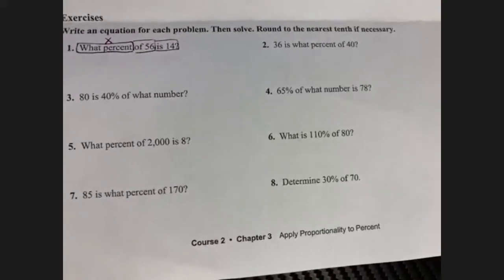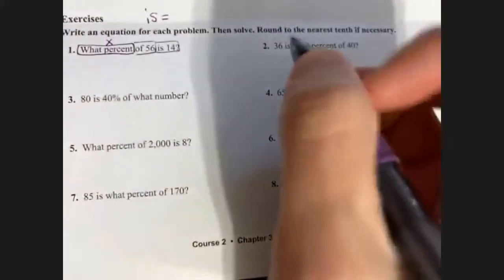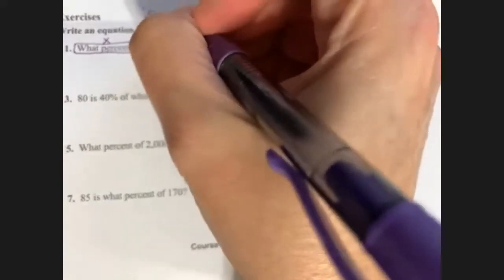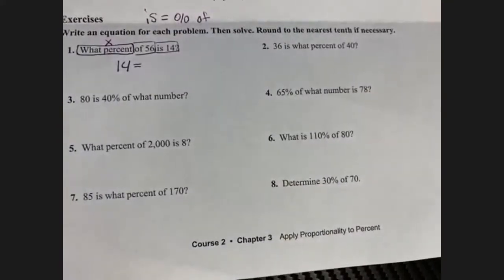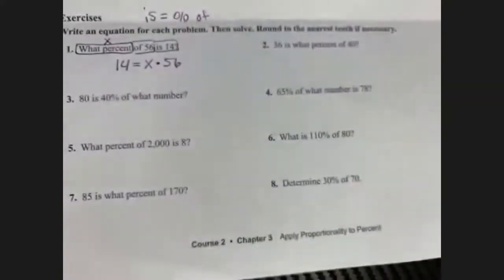But today we're going to use the equation. Just a reminder, the is, that's the part, equals the percentage of the whole. This is how we set things up today, so a little different. My is 14 equals the percentage I don't know, so it'd be x times my of, which is 56.